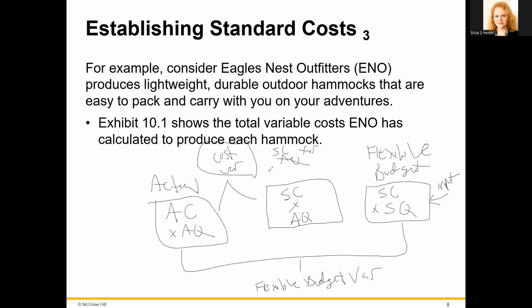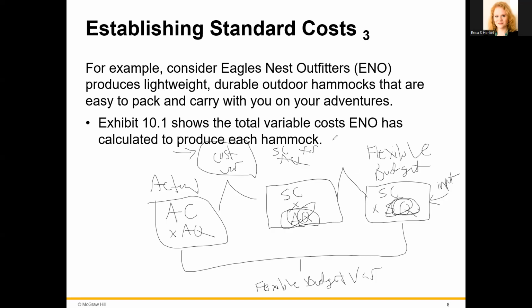So the difference in overall cost between what you paid and what you expected, that is due to a difference in the cost per unit, okay? And then over here, the difference between the standard cost and the standard quantity and the standard cost times the actual quantity would be a change in quantity here, right?